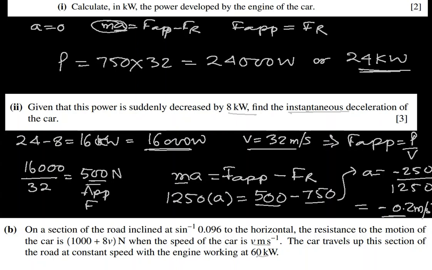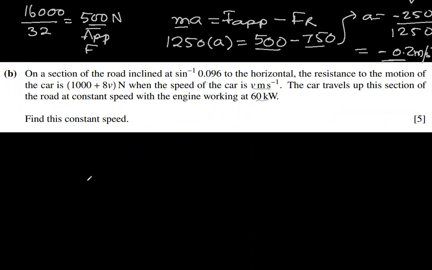Okay. On a section of the road inclined at sine inverse 0.096. So if this is the incline and this is angle alpha, they're saying sine alpha is 0.096. Sine inverse 0.096 means the angle is sine inverse 0.096.